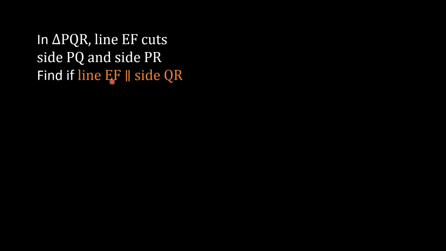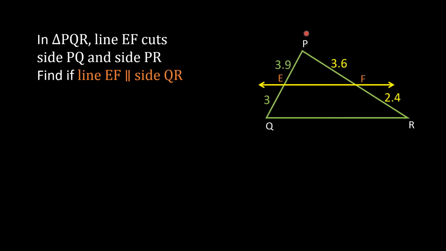In triangle PQR, line EF cuts side PQ and side PR. Find if line EF is parallel to side QR. Let us draw the figure. In triangle PQR, line EF cuts side PQ and side PR in two distinct points E and F. We have to find whether EF is parallel to side QR.